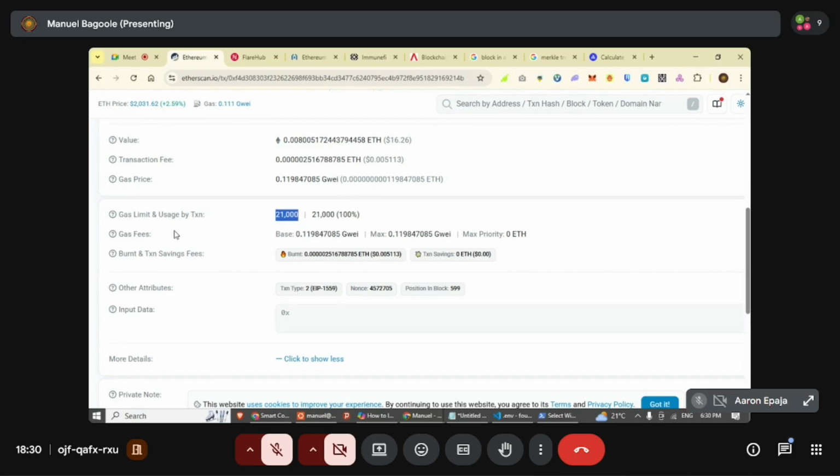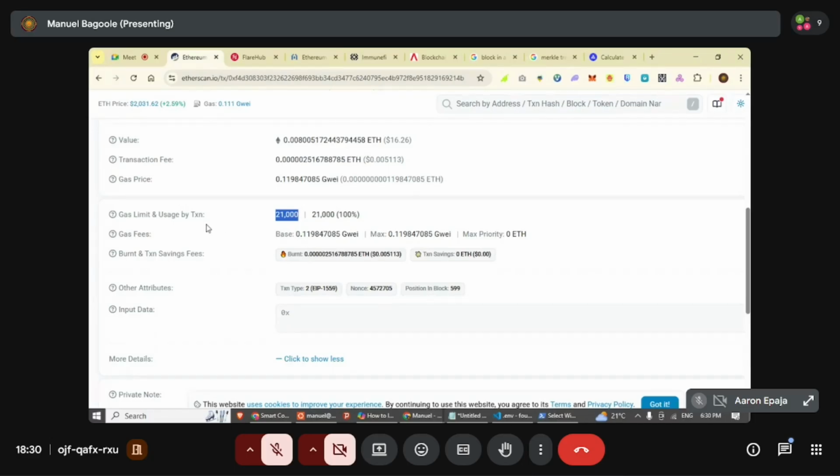That's why applications cannot run endlessly in the blockchain, because you must have the gas to accommodate the transaction. As soon as the gas is used up or is beyond the limit, the transaction just reverts. So there's a possibility that the transaction will require more than the limit of the gas that was set for that specific transaction. It will always revert. It doesn't continue. It doesn't complete. That's what happens.